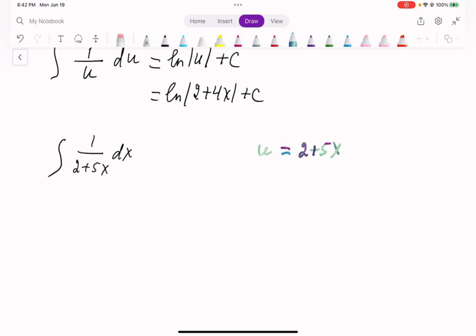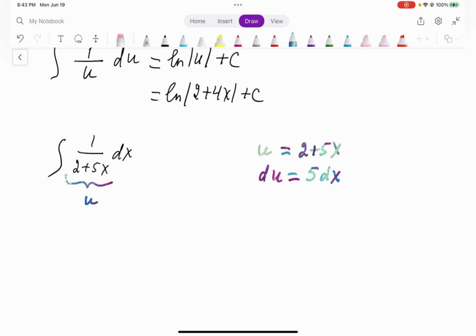The derivative of 2 is 0, the derivative of 5x is going to be 5, and the derivative of x, dx.